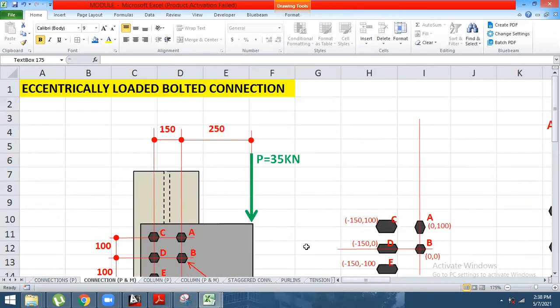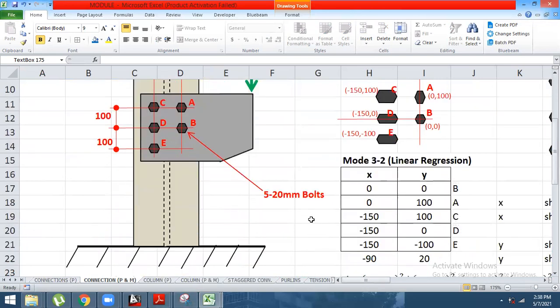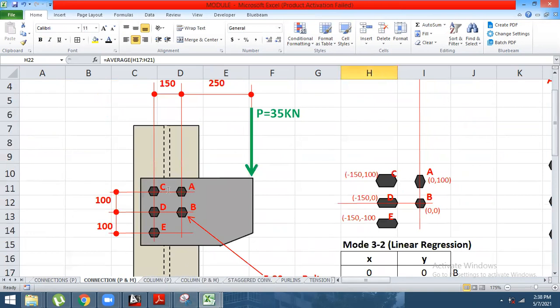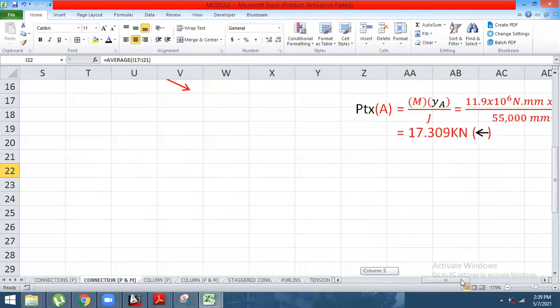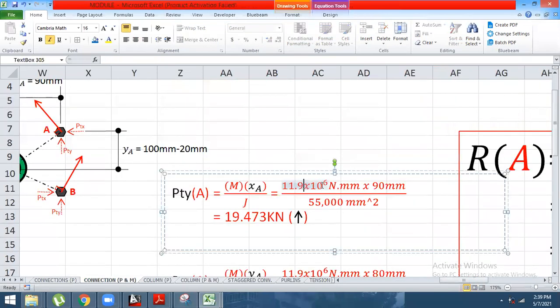Ito siya, 0.25, that is 250 millimeter, and then the 0.09 meters, which is 90 millimeter, that is the x distance from A papunta doon sa center of gravity of the bolts, which is 90 pakaliwa ng A. Okay, going left of A. So that is just simply 11.9 times 10 raised to 6 Newton millimeter.